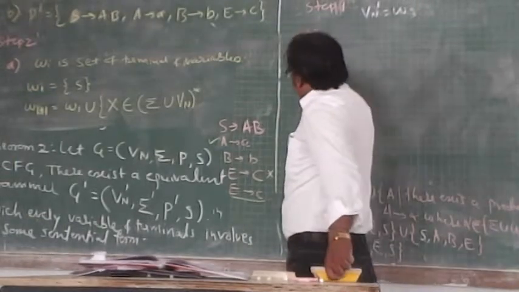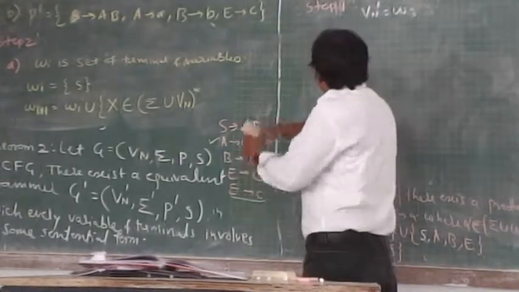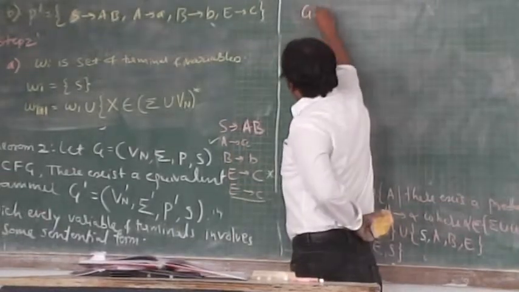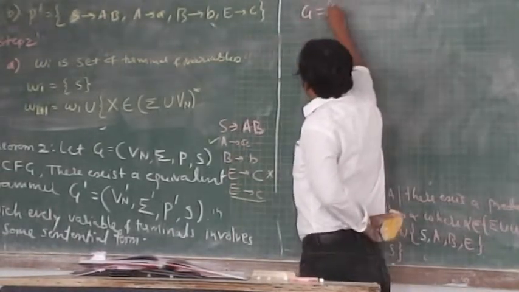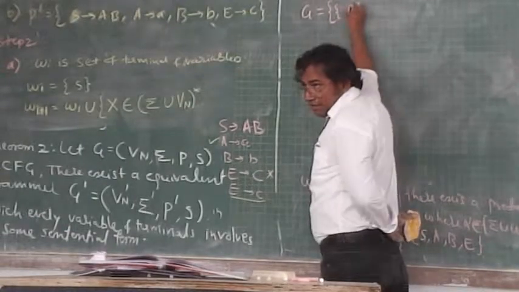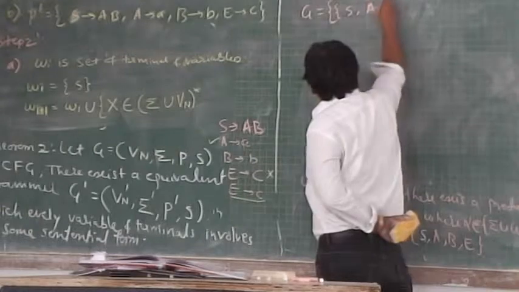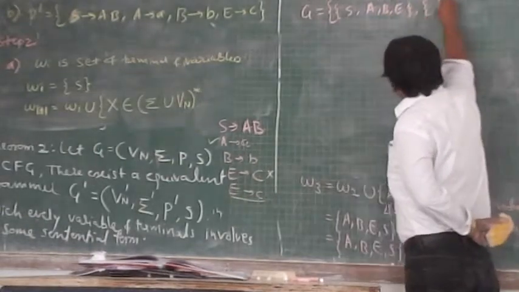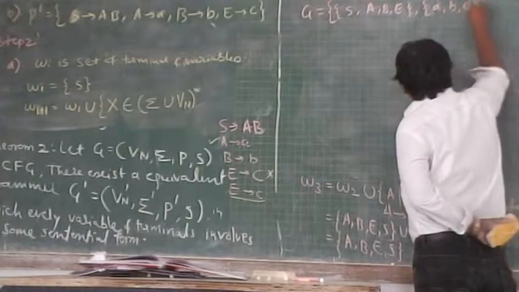See, the grammar G we received in the previous step is like this: V is S, A, B, E. Sigma is a, b, c.